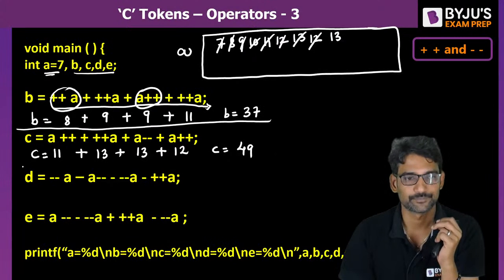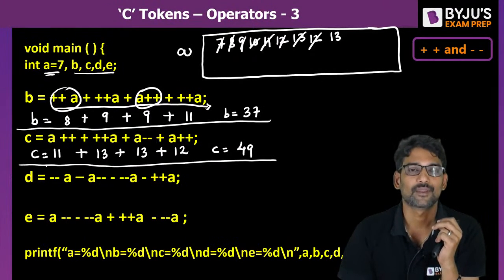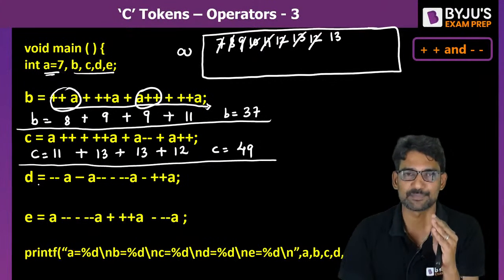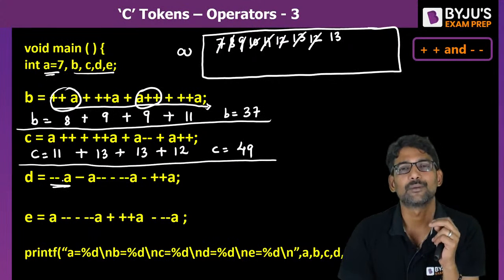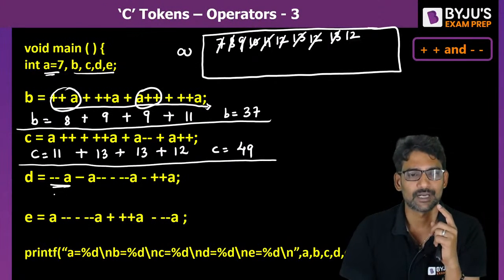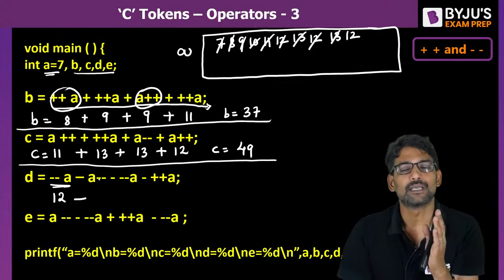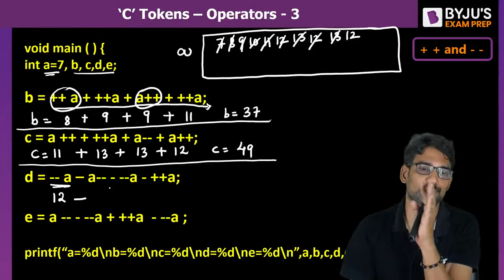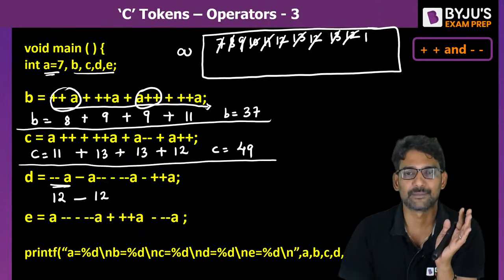Okay. D, I am solving the expression for D. --A, pre-decrement. So decrement first and assign that value. Minus A--, post-decrement. So first assign the value, then decrement.